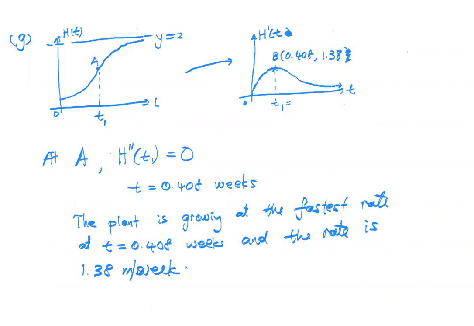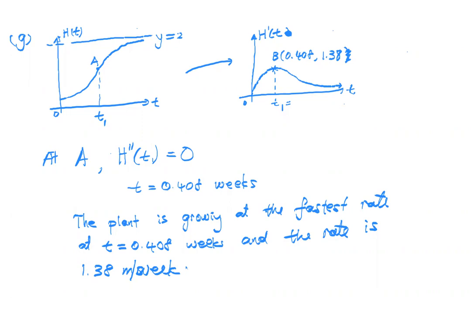Point B is on the H prime t graph that helps us to get the value of T1. We can't get the value of T1 from the H(t) graph. Are you clear? Non-horizontal inflection point or even horizontal inflection point, there is no way we can get the coordinate t from the H(t) graph.